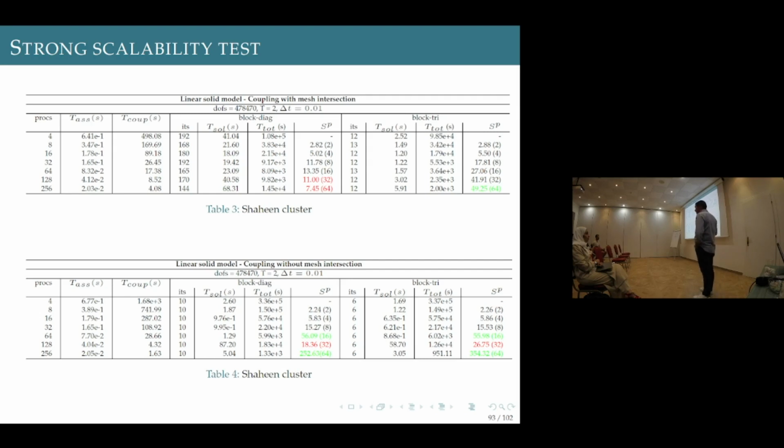In line with the previous slide, for intersection and block diagonal, the result is poor, because we have a speedup of 11 instead of the theoretical 32 in this case, or 7 instead of 64. This is better for the block triangular in the case of mesh intersection, because we have 49 instead of 64. I mean, it's a good result.